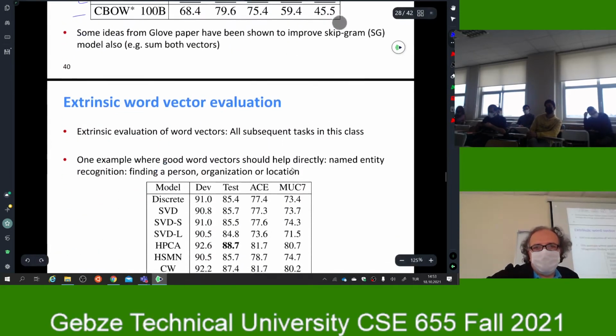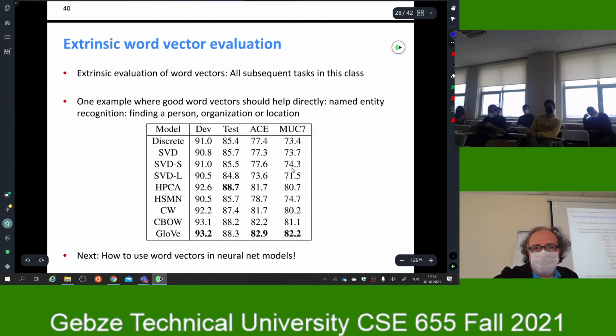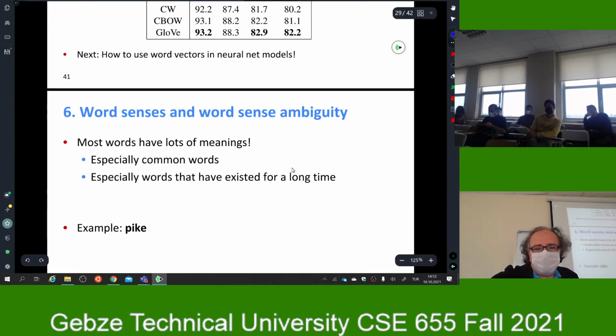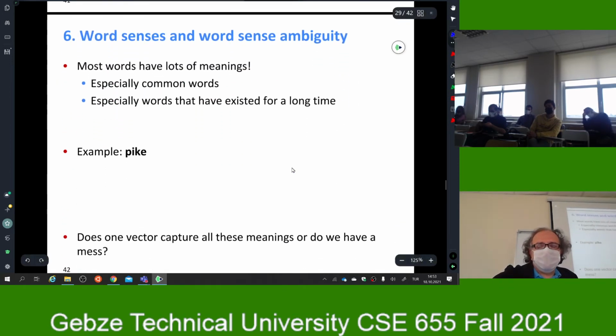Okay, good. Similar table for the other stuff. So these 2 examples are for the intrinsic evaluation, analogy and similarity.